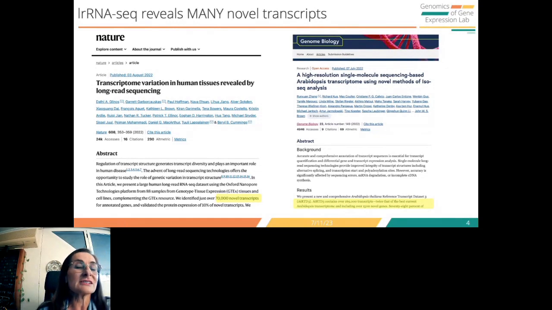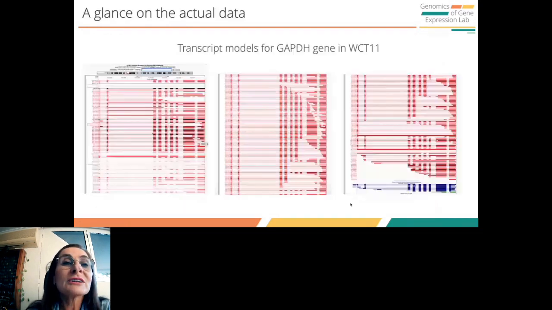Of course, the question is: is that true? Is that reliable? I want to show you how this long read data looks. Here you have long read information obtained for the gene GAPDH in one particular cell line.